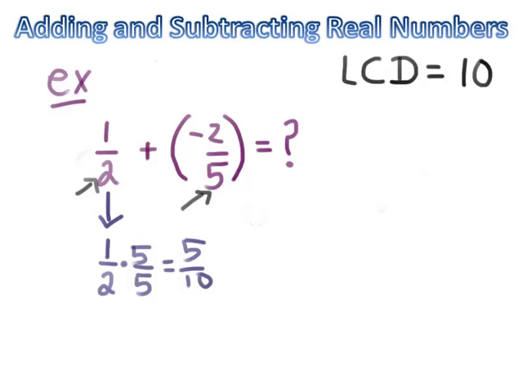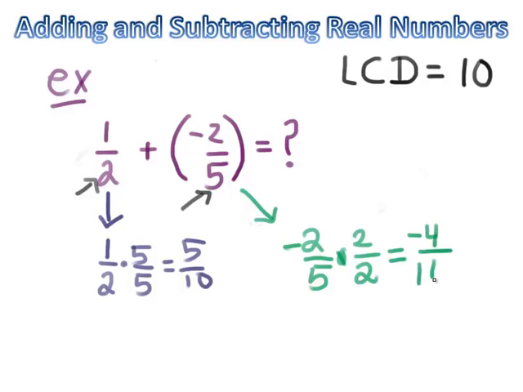And I'm going to do the same thing with the negative 2/5. So negative 2/5, I want to make the denominator 10, so I'm going to multiply this by 2 over 2. Right? So this becomes negative 4 over 10.